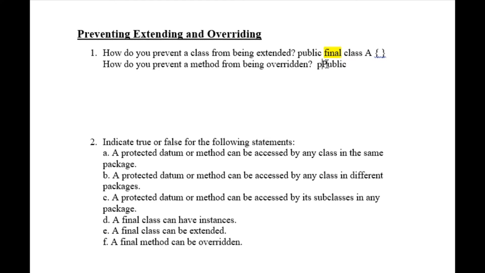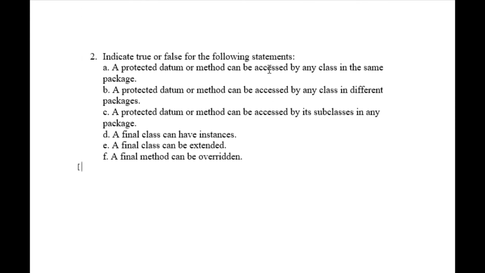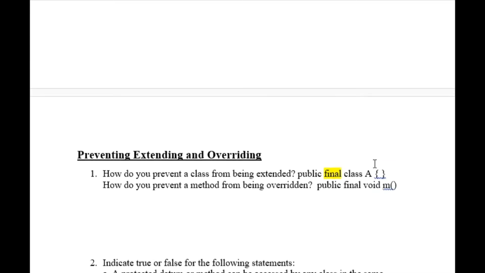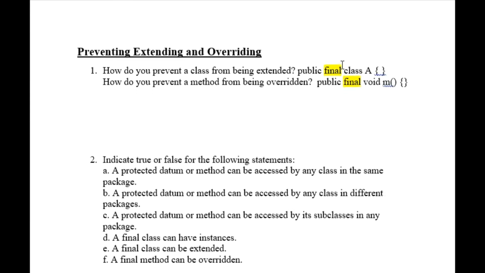If you want the method public, write public and then final, then void, and then the method name, M for example, like this. When you say a method is final, a final method cannot be overridden.